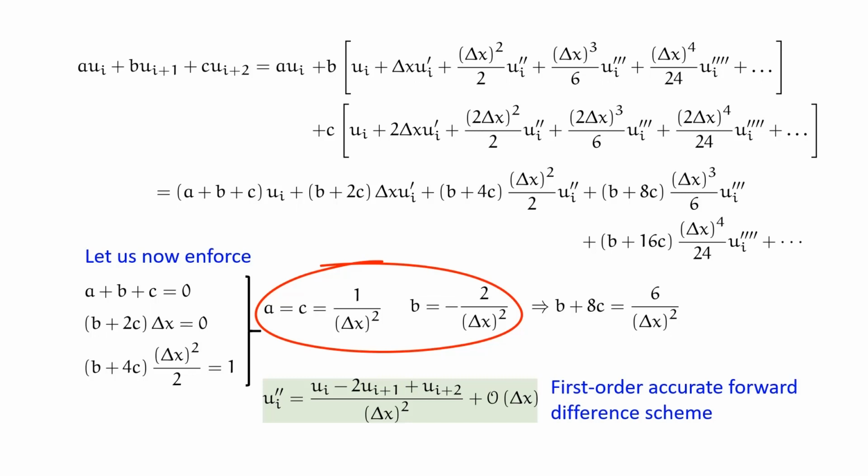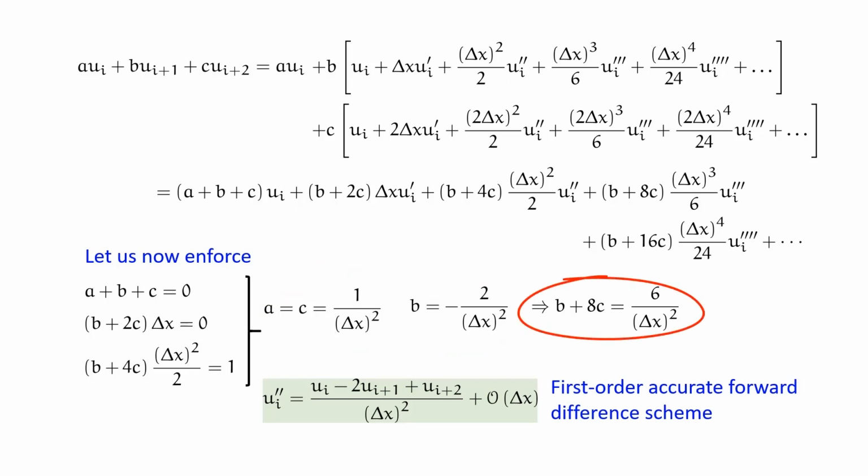B plus 8C, which is necessary to understand the accuracy of the scheme, is 6 by delta x square. That means the coefficient of u_i triple prime, that is B plus 8C into delta x cube by 6, is actually delta x. So the truncation error is delta x multiplied by u_i triple prime plus additional terms.